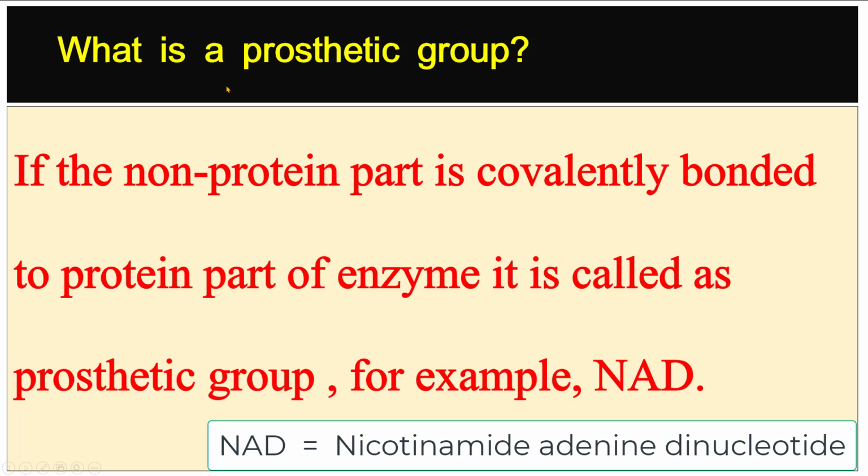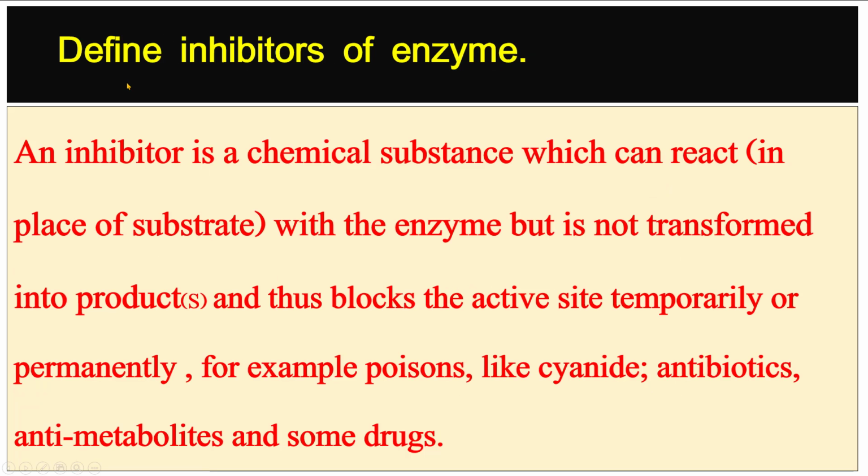What is a prosthetic group? If the non-protein part is covalently bonded to protein part of enzyme, it is called as prosthetic group. For example, NAD. Define inhibitors of enzyme.